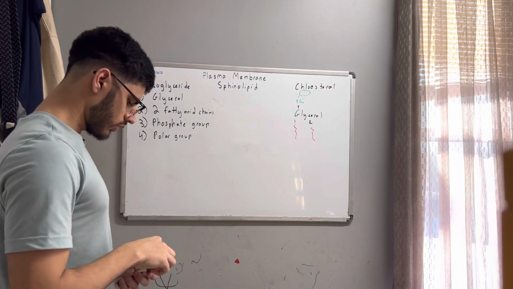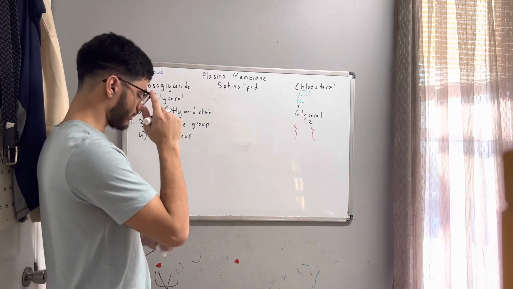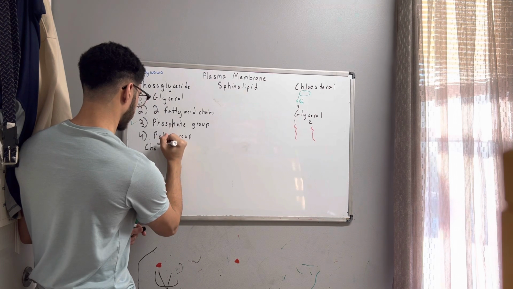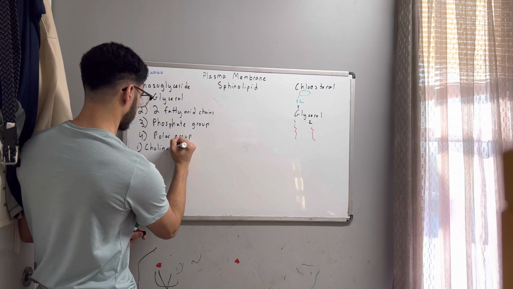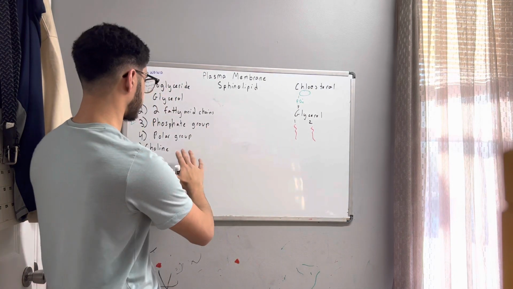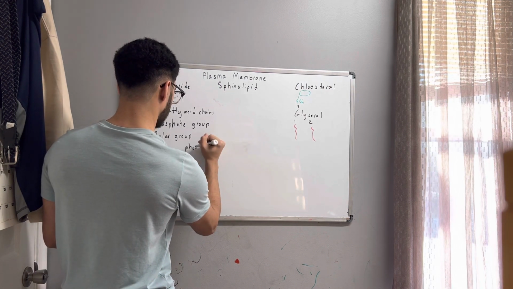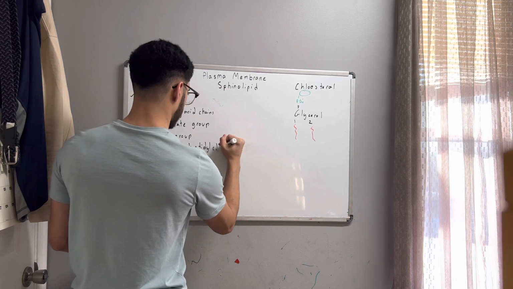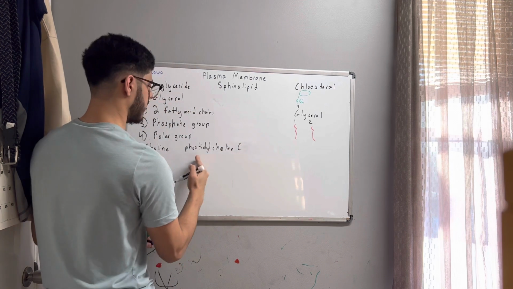For the polar groups, there are four types. The first one is choline. When you word it, it's phosphatidylcholine, and you would call it PC.